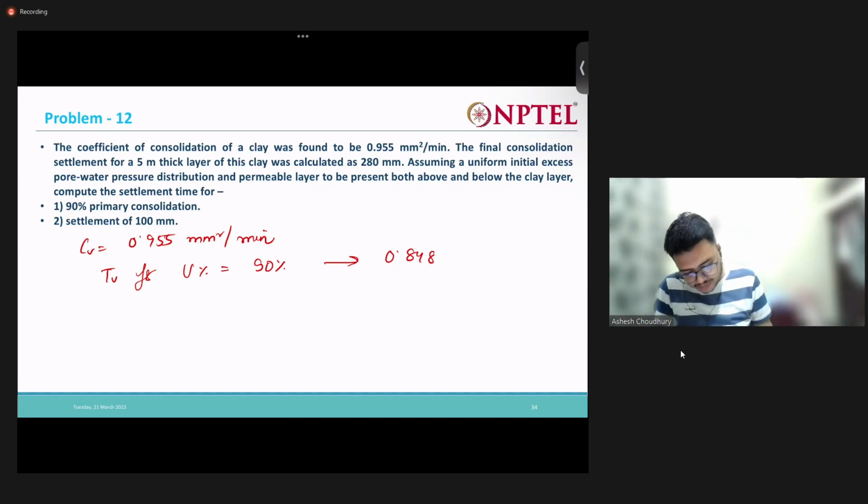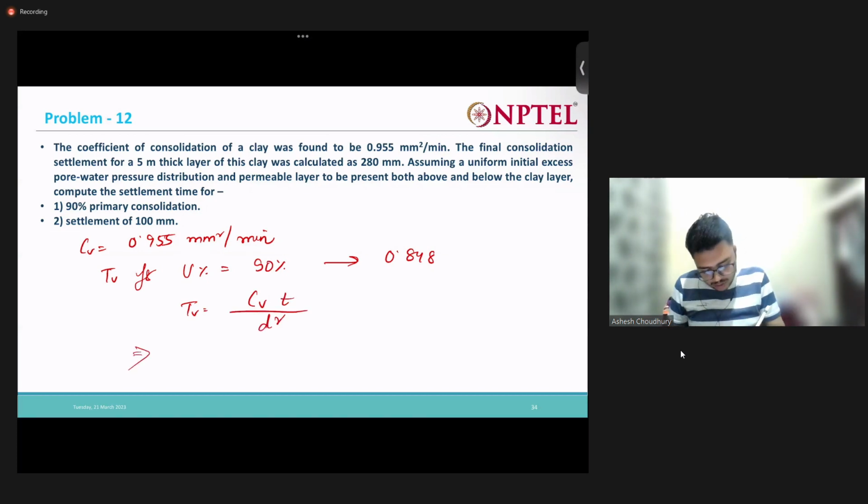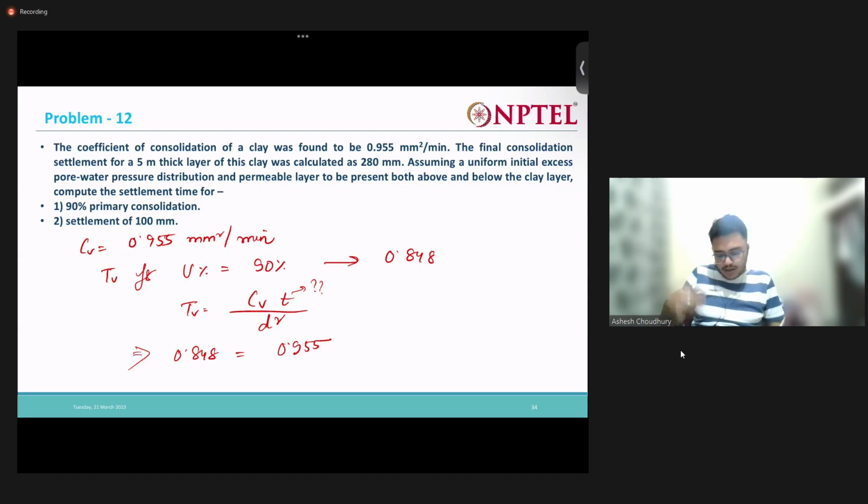So we know Tv is equal to Cv t by d square. I need to find t for 90% settlement, so I put 0.848, and Cv as 0.955 mm square per minute.